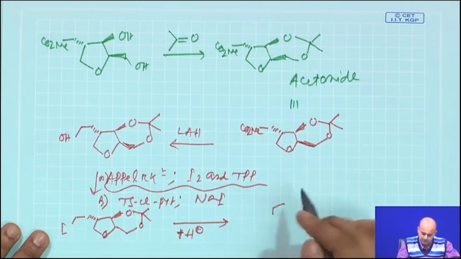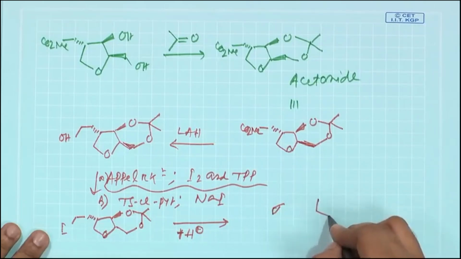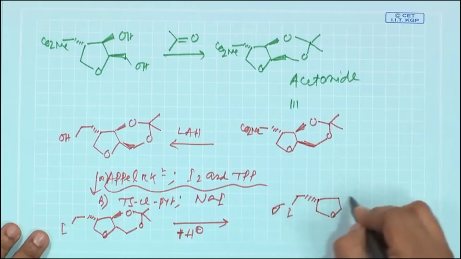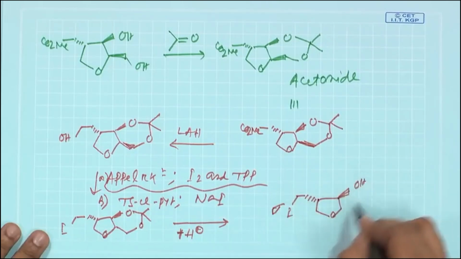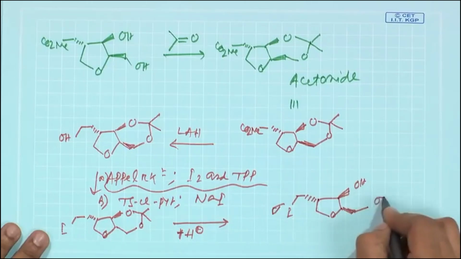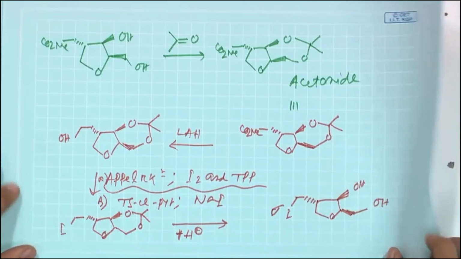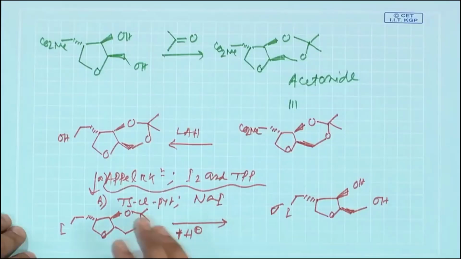So, next, what will you get? This part will remain similar, the alcohols will be free as they were, and your acetone will be removed. So, we have used acetone as a strategic protecting group to mask the primary hydroxy as well as the secondary hydroxy, so that these two hydroxy groups remain inert during our functional group transformation.